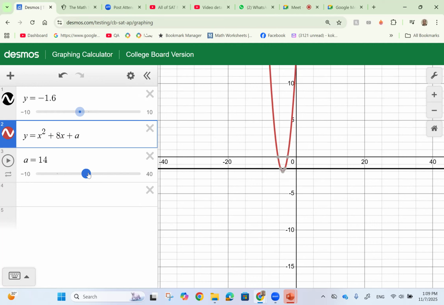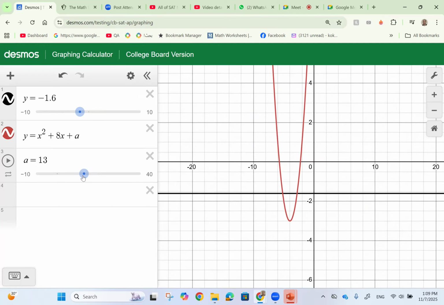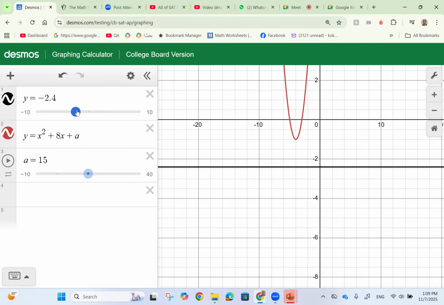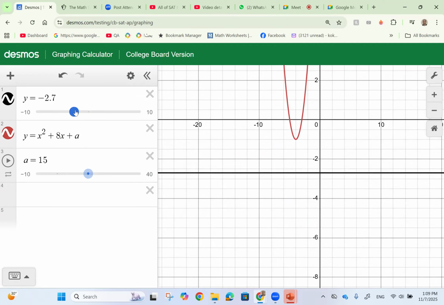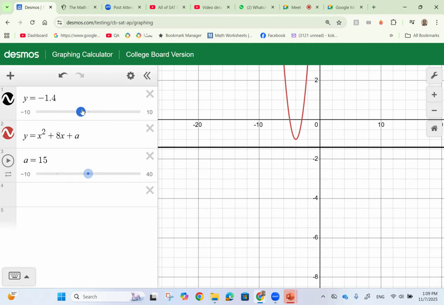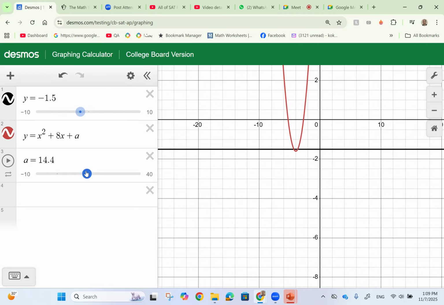Please fix the line y equal negative 1.5; I don't want to change it. I slide only a, and I try to touch it. It's between 14 and 15.